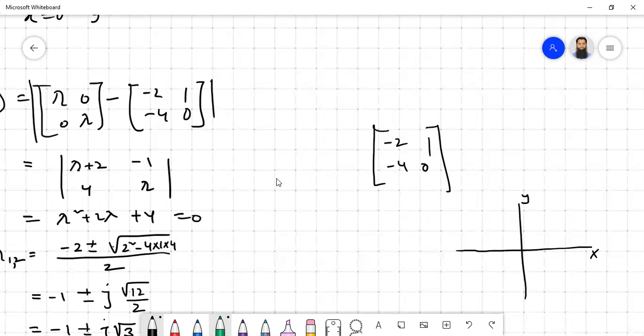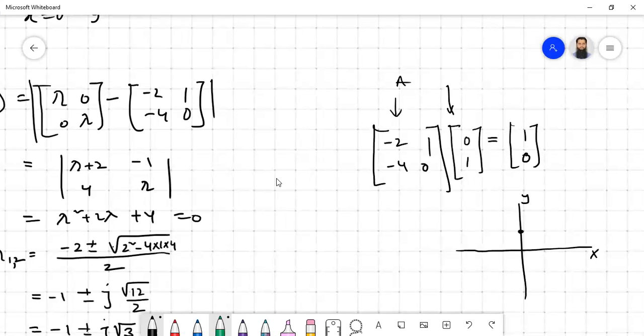We are taking an arbitrary value, say 0, 1, and we are multiplying it with our system matrix. This is A, and this is the arbitrarily taken point. After multiplication, let's see what value we are getting. Basically this will be 1, 0.